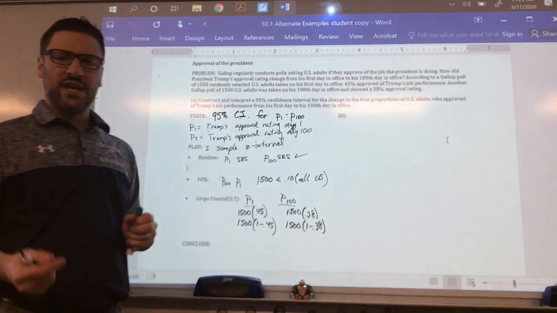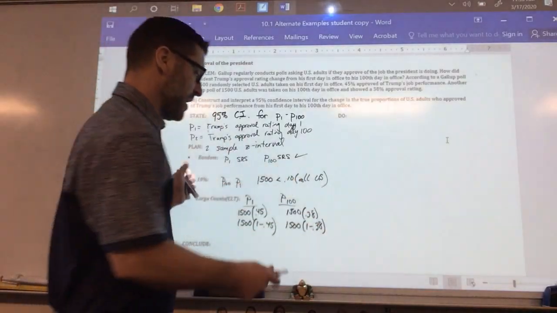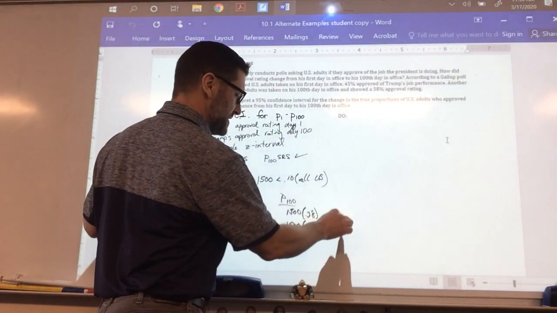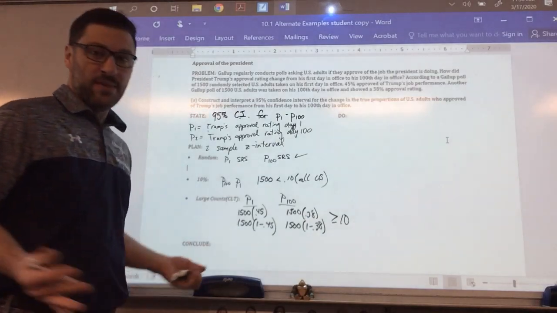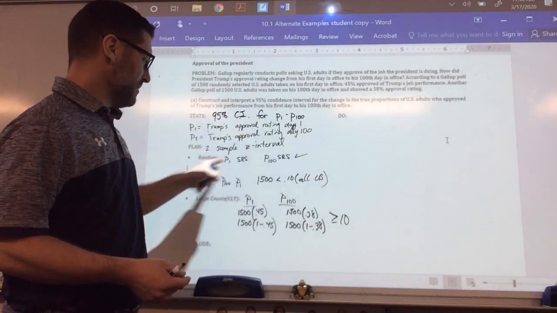What we're really checking, and I can look at these numbers and tell they're all okay, is whether they're greater than or equal to 10. And they are.